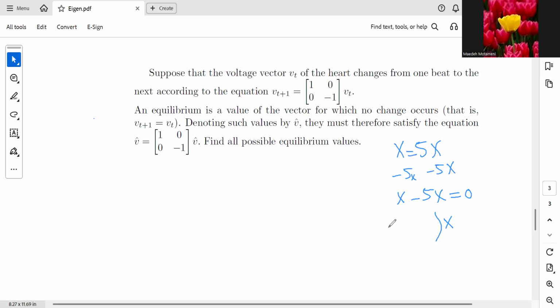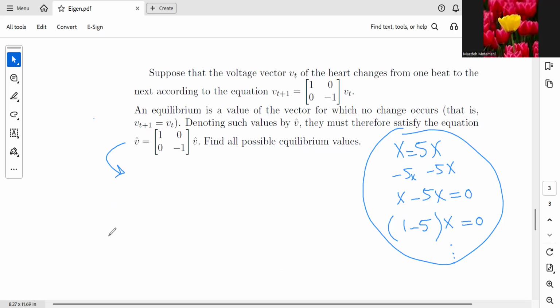Then we factor out x, 1 minus 5 here, and of course we know the answer. This process here can apply here as well. So if you want to factor out nu, I'm sorry, if I say nu and v, consider them the same thing. This is nu, but I sometimes say v.